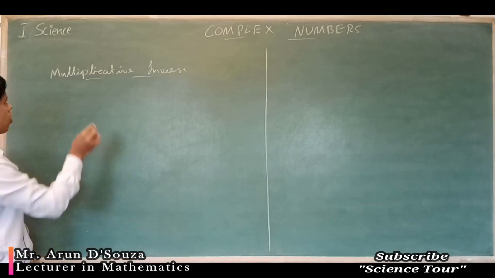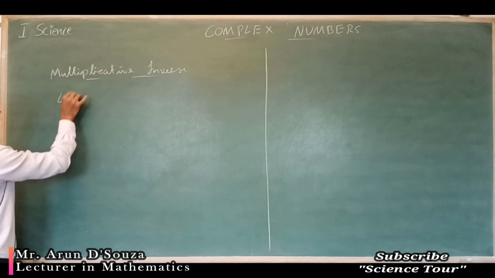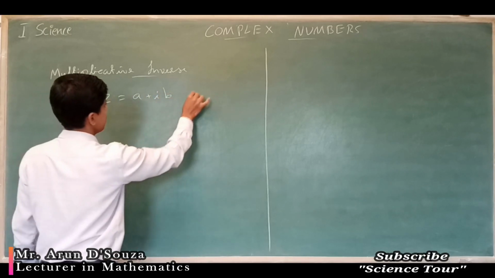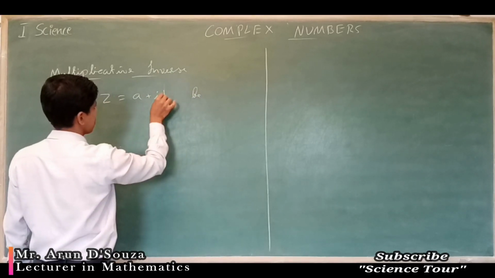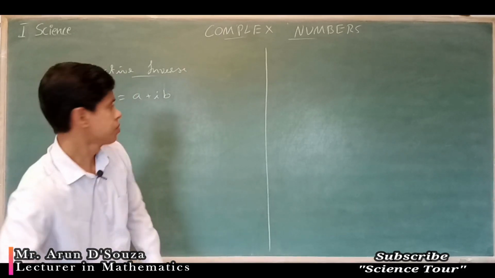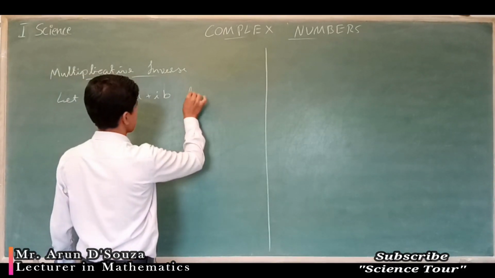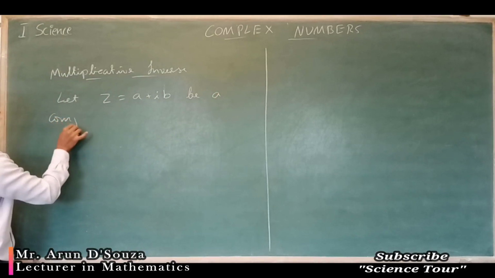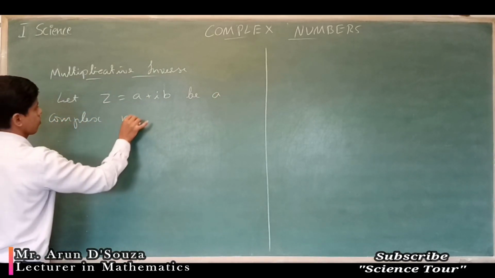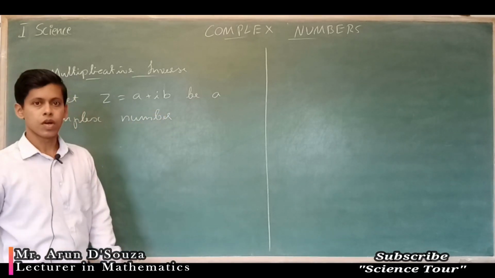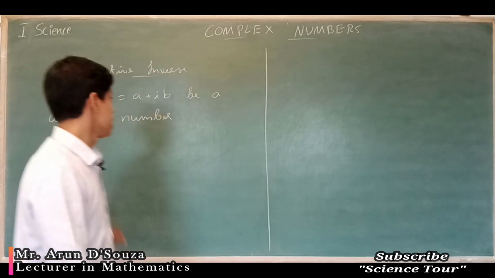So you have a complex number z. So let z is equal to a plus ib be a complex number.